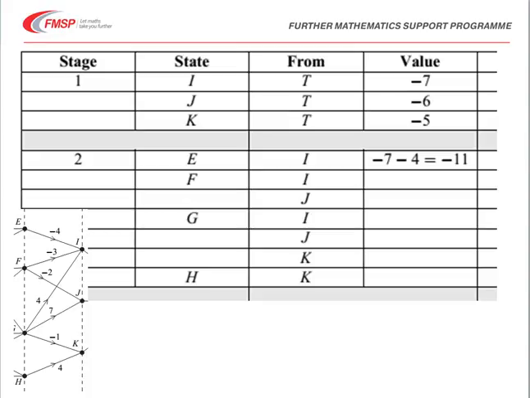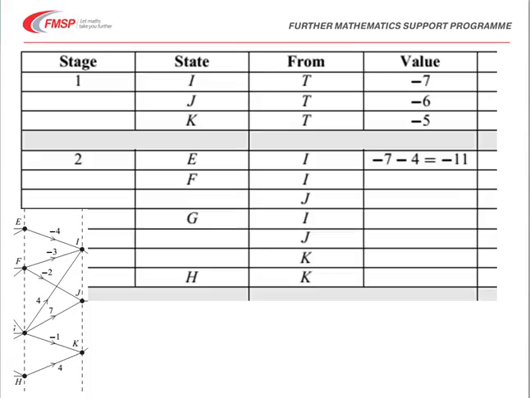So what we're going to look at now is the second stage, and the diagram at the bottom left hand corner shows each of the paths that are available to us to go from the nodes E, F, G and H to each of I, J and K. So the state is the nodes E, F, G and H, and the actions are the possible routes that we can take from those.